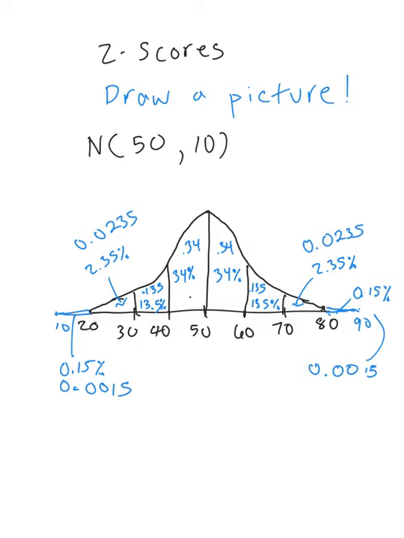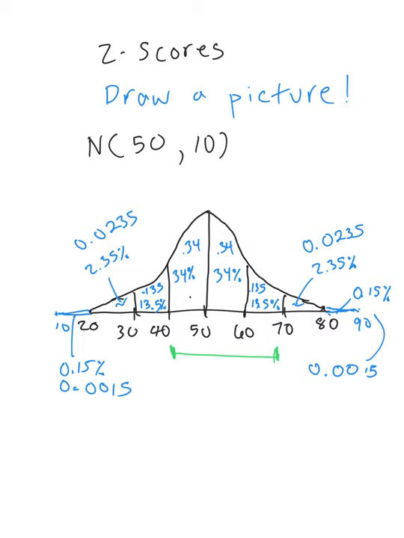So that is how to talk about it. If a question asks what percent falls between certain scores, let's say what amount of people fell between 70 and 40? Let's look at the area we need to cover. Since we already drew our picture, we need to cover these three sections.